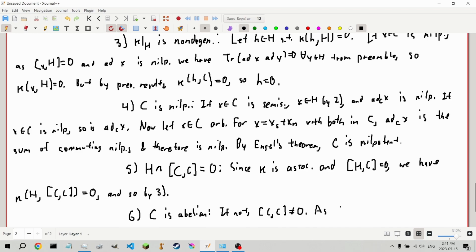As we saw that C is nilpotent, the intersection of its center with its derived algebra is non-zero.